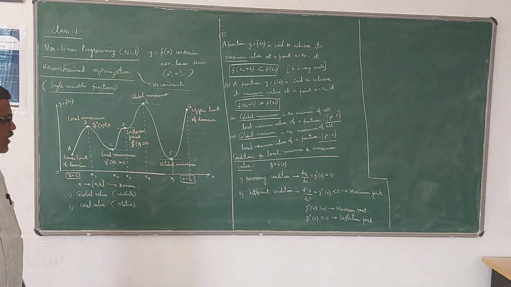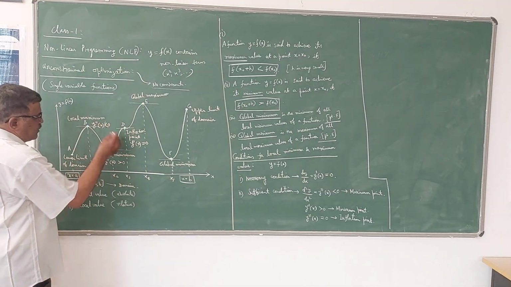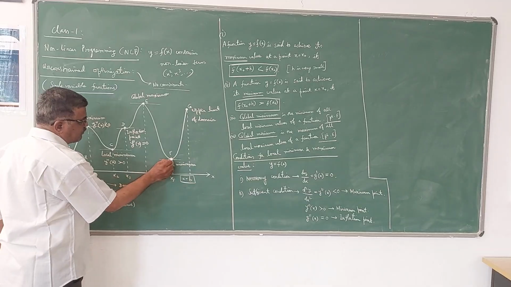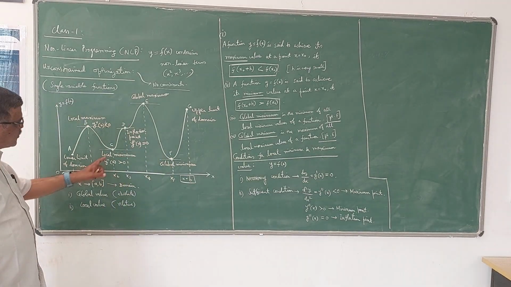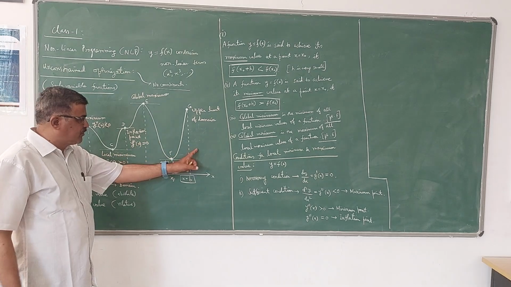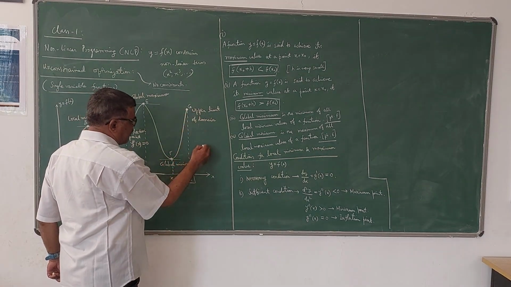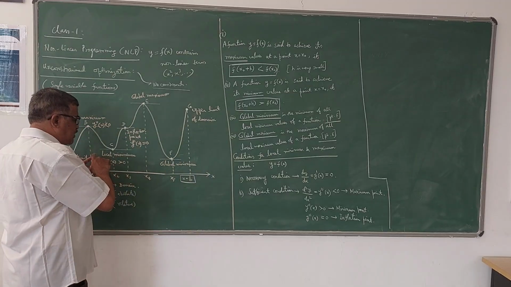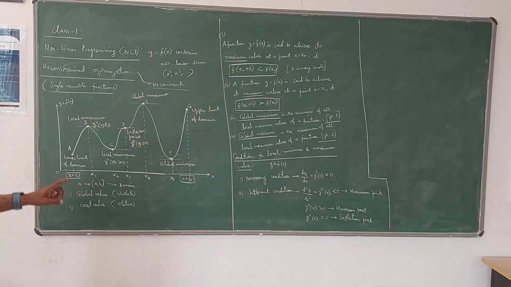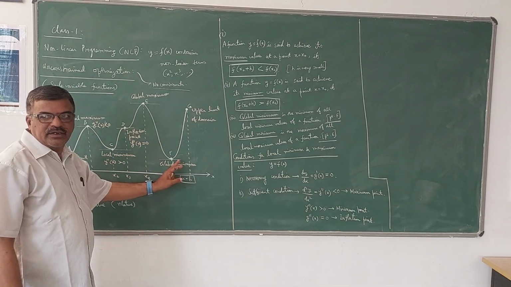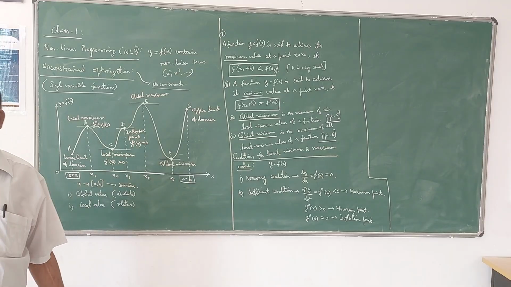Now if you observe the minimum value, we have two minimum values here, at C and at F. Like this, you may have one more minimum value somewhere if you plot like this. Here I have given only two minimum values, C and F. Among them, whichever is minimum is called the global minimum.